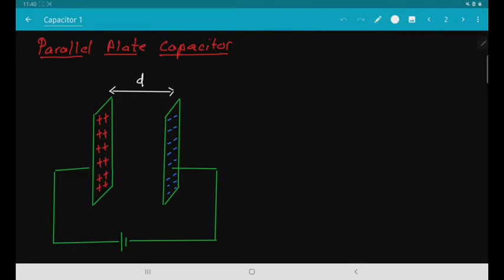Okay, so first let us consider a point P in between the plates. At this point there will be an electric field due to the positive plate along the positive x-axis, and the negative plate will also apply an electric field in the same direction. As we know, the electric field due to a plate is given by sigma by 2 epsilon naught, in the i cap direction.